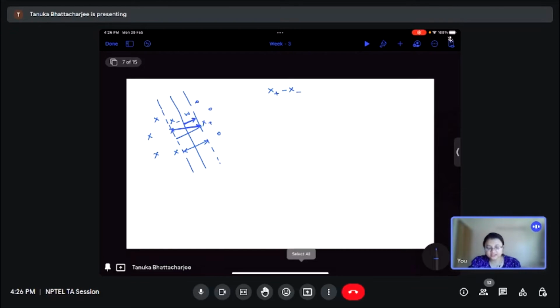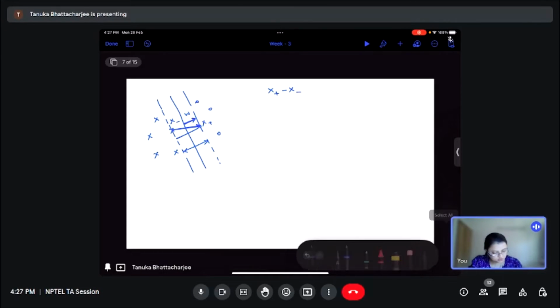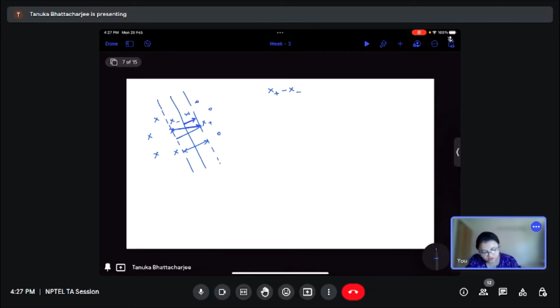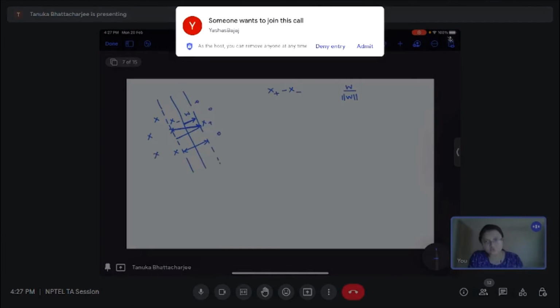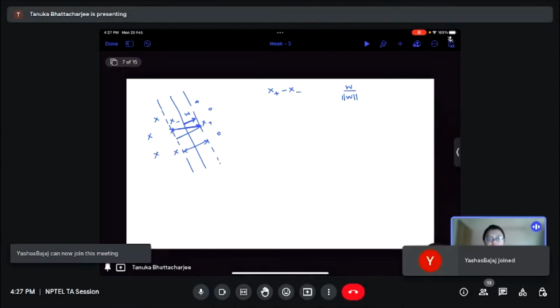You will have to take the unit vector along W, which will be W by norm of W. To take the projection on this unit vector, we take the dot product, the inner product, between the two.